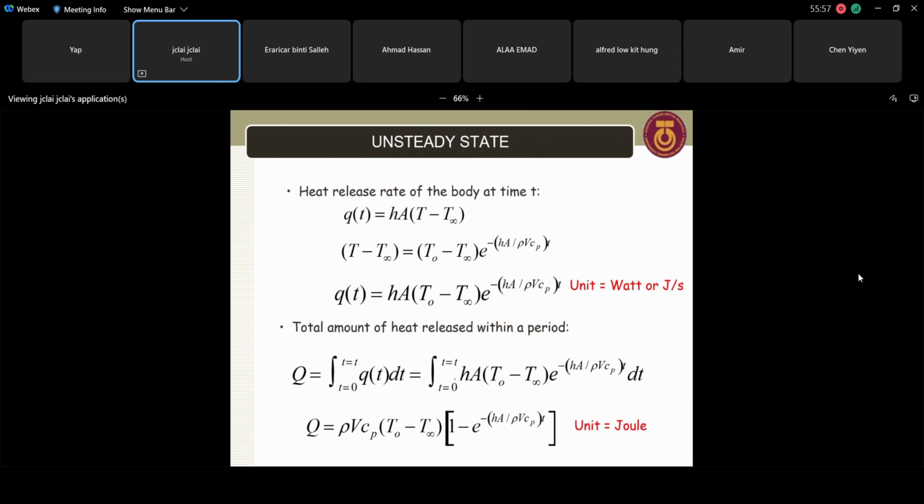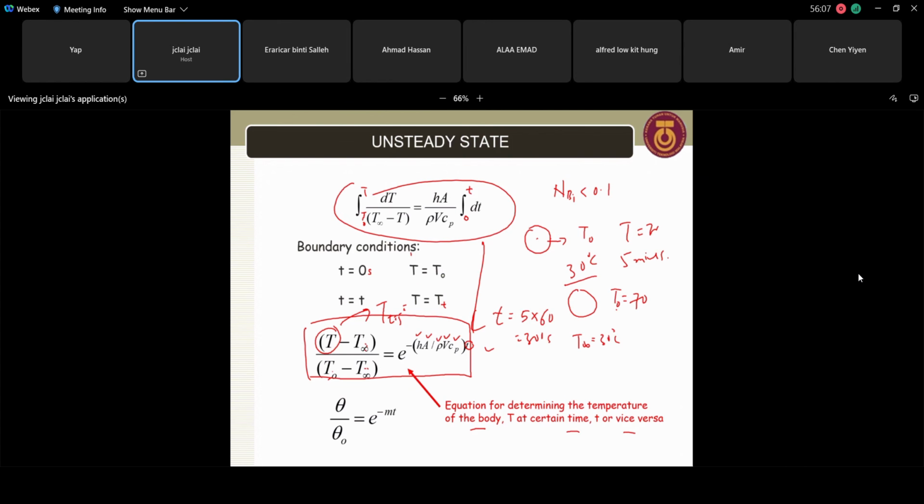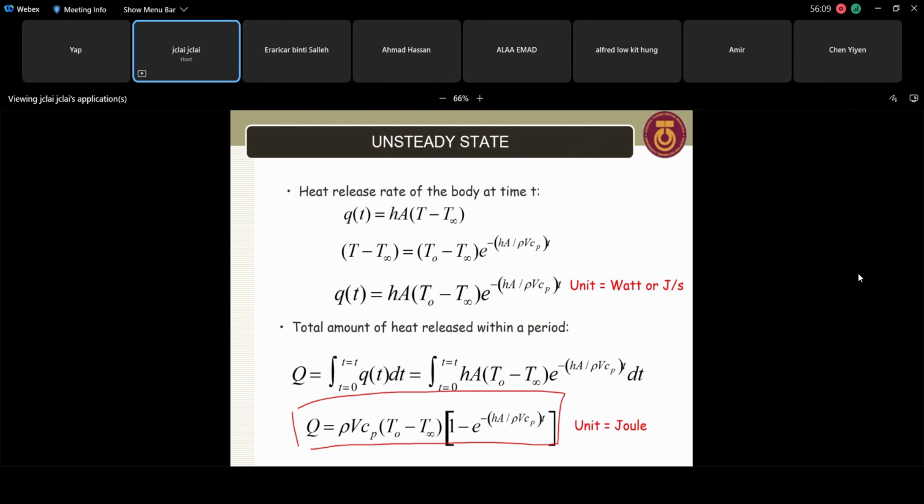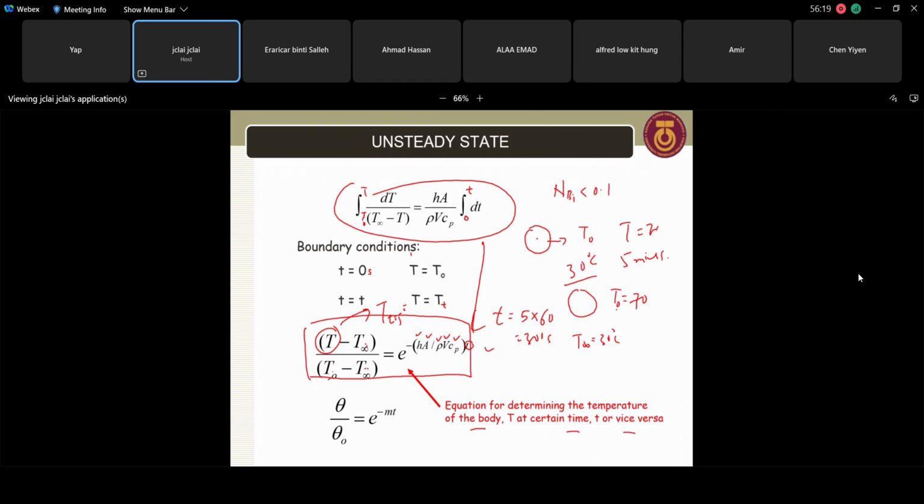Normally this one is more useful, right? Okay, this is when you integrate the whole thing, then you know the summation of the heat lost to the surrounding, right? Total amount of heat released. Let's say you have one copper ball, I cool it down from 70 to 30 degrees Celsius, right? Then 5 minutes, let's say 5 minutes, okay?